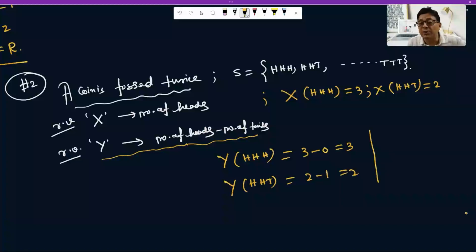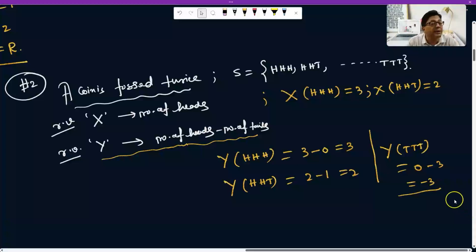If I take this one, Y of TTT, what is its value? No heads are there, only tails, and that is 3 in number. So value is minus 3. Why have I taken this example? Just to tell you that value of a random variable can be any real number. Positive, negative, 0, it doesn't matter. Any real number can be there.